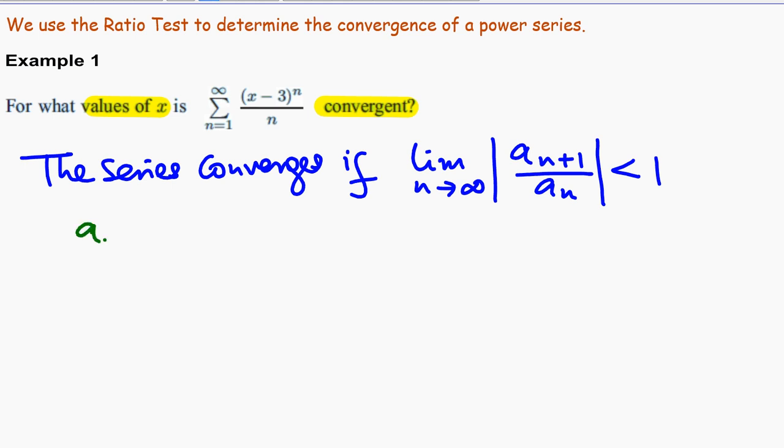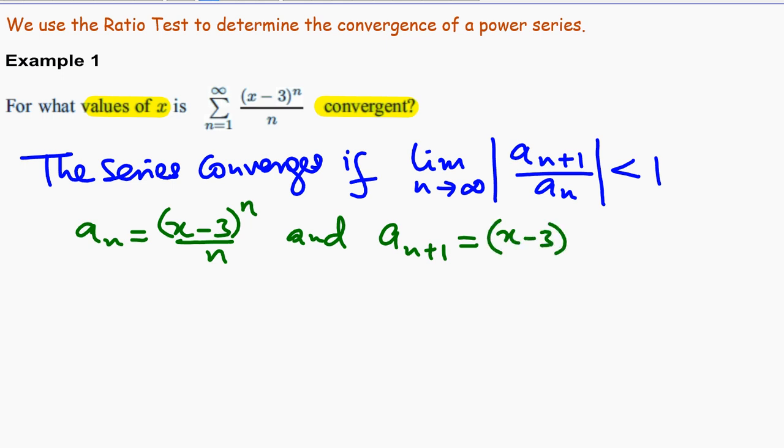We know that s sub n is equal to x minus 3 to the power n over n, and s sub n plus 1 is equal to x minus 3 to the power n plus 1 over n plus 1.